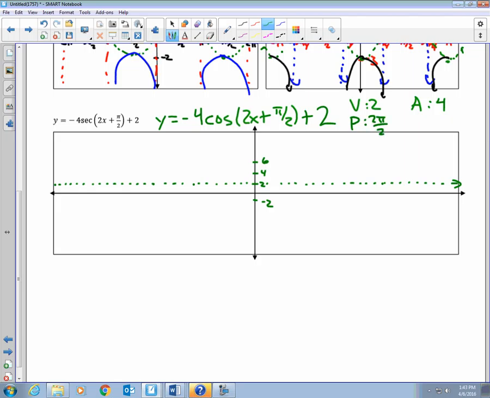I get pi. I'm going to mark off pi at the end, about 2/3 of the way. Just doing that because I want to give myself space here because there's a lot of stuff. That's why I made it so big.